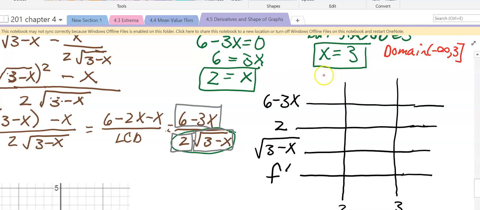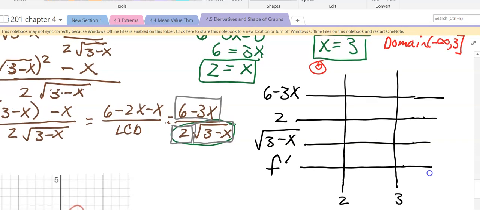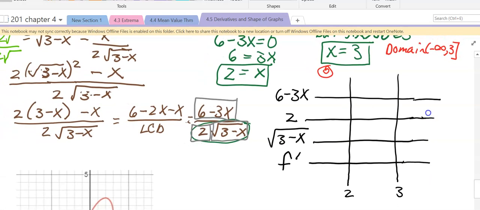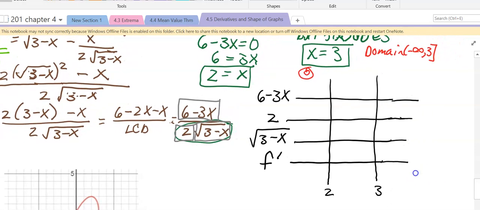I'm going to use the value of 1 or 0. Either of those is a good choice. 0 is usually easier. What about between 2 and 3? That's not a great spot, but I'm going to use 2.5, or 5 halves.